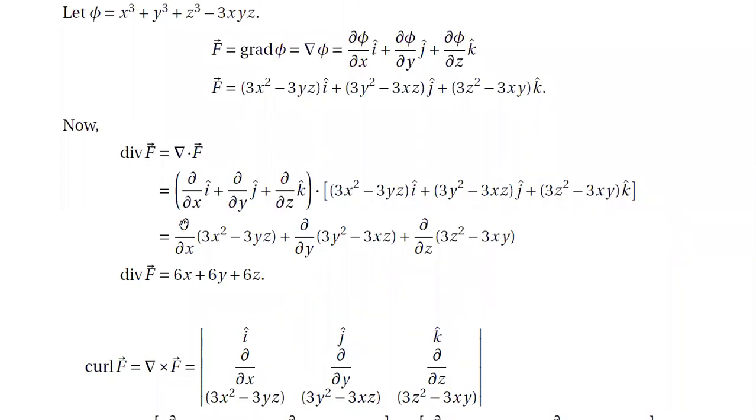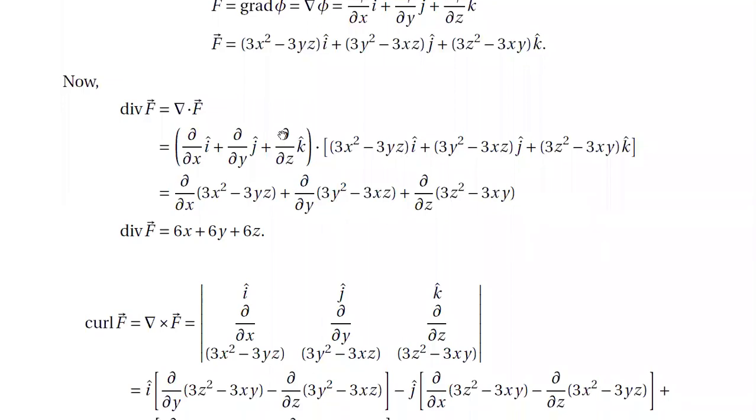So I get dou by dou x of the i component, which is 3x square minus 3yz, plus dou by dou y of the j component, that is 3y square minus 3xz, plus dou by dou z of the k component, which is 3z square minus 3xy.